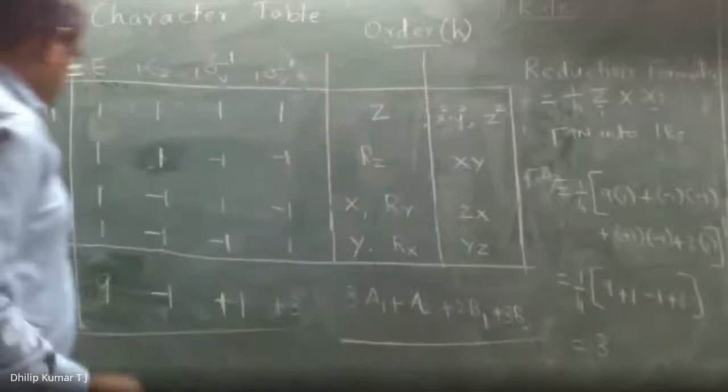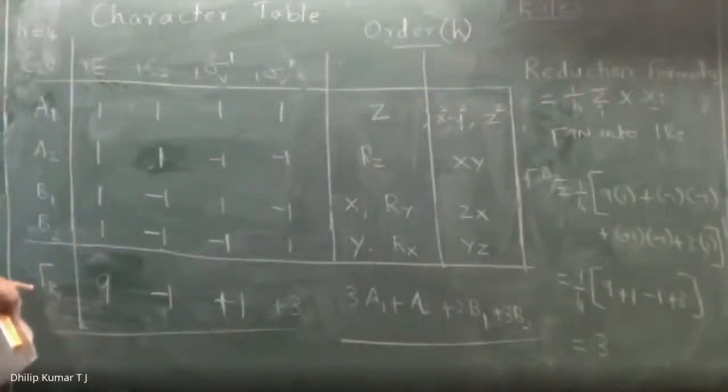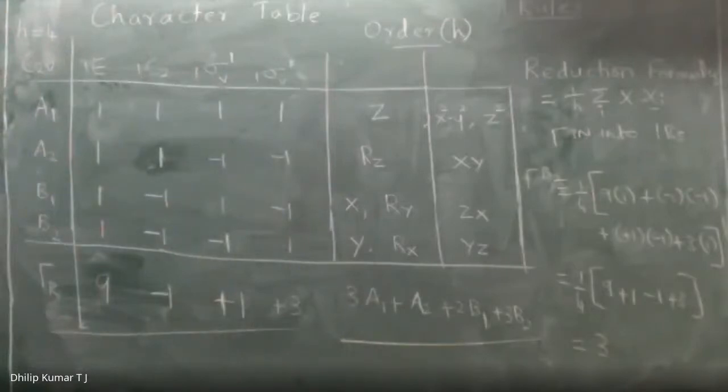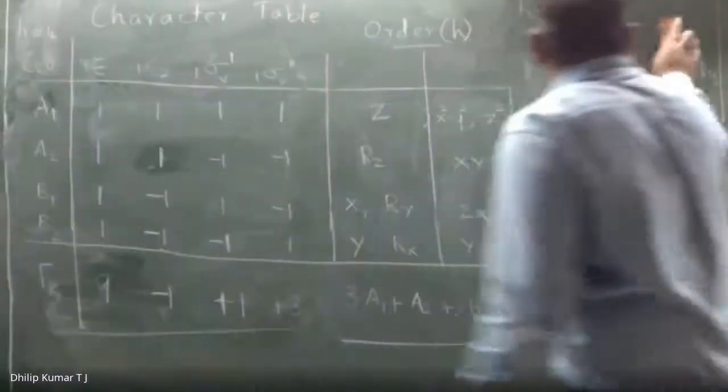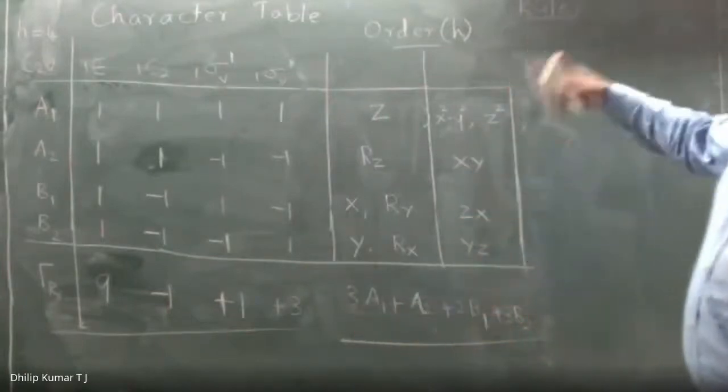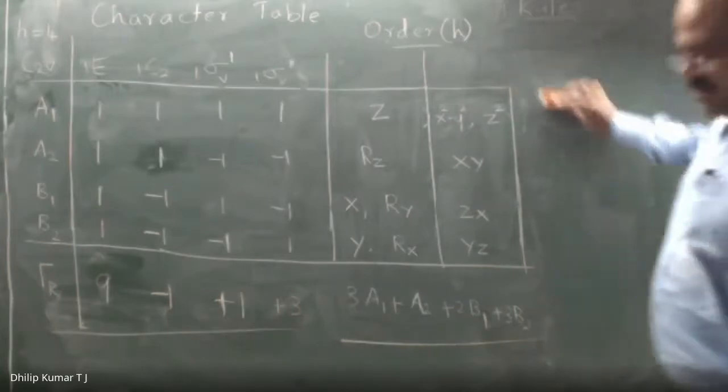So what I've done is use the reduction formula; using the reduction formula, I have reduced the matrix to this form. It has 3A1, 1A2, 2B1, 3B2. So this we have done. If you see the table, the water molecule has 3 atoms, so it has 9 degrees of freedom, right?